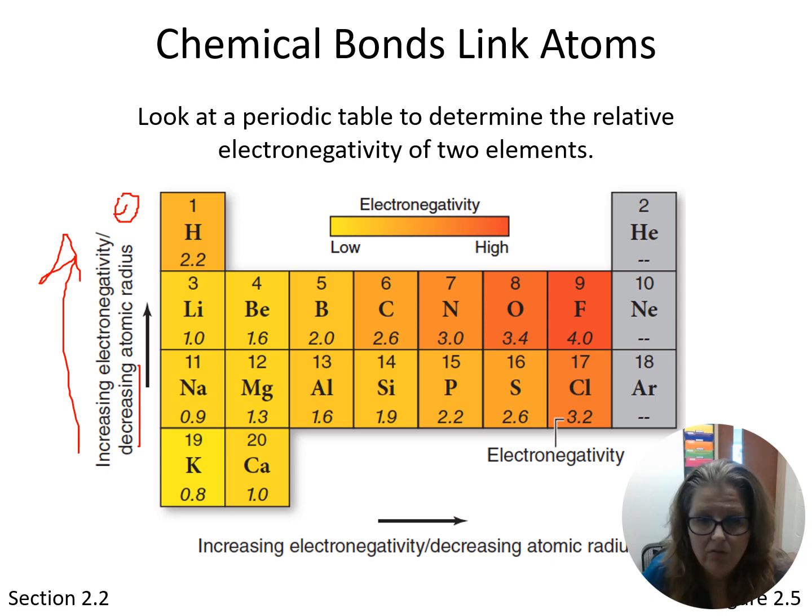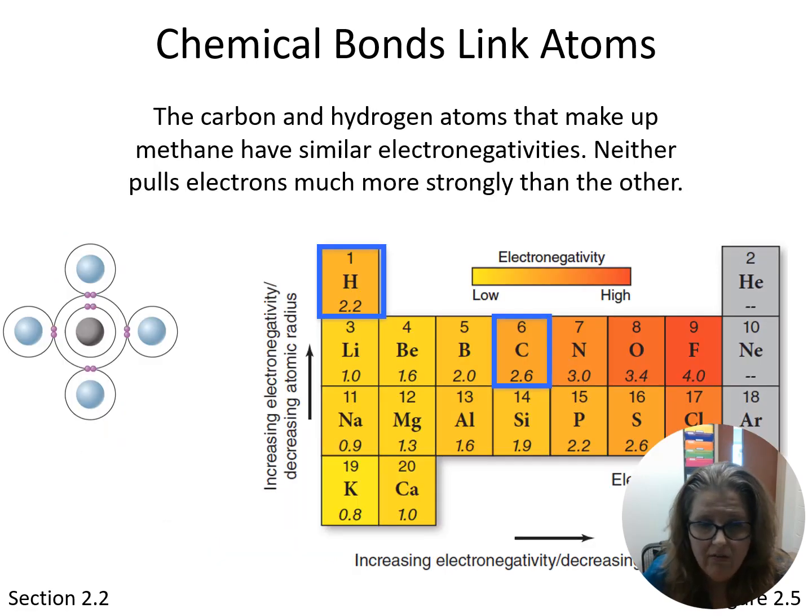That's a really bad circle. And these are larger, so there's a larger radius here. So increasing electronegativity and decreasing atomic radius, comparing ones with larger radii versus smaller radii. The gist of it is the number here is going to help you figure it out.